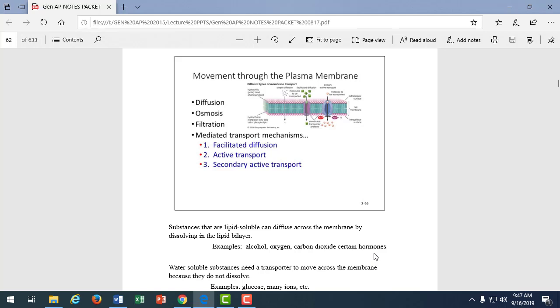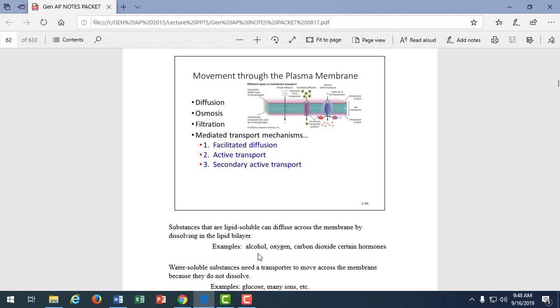Other ones are like aldosterone, progesterone. Vitamin D is a fat-soluble vitamin, E, K. Those can diffuse right through with no help because they dissolve in oily substances. So that's why when a person comes to work and they've been drinking, you can smell it on them, right?